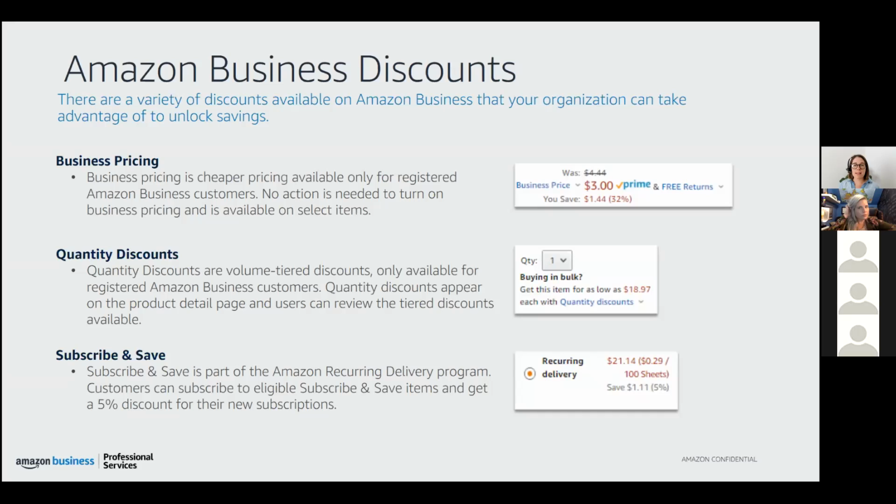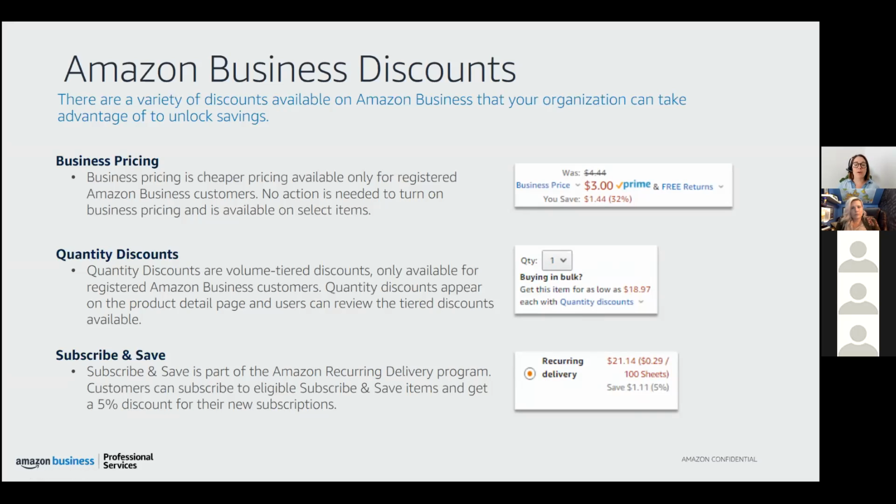You also have access to a variety of discounts that you can take advantage of. The first is business pricing, and business pricing is available to you, no action needed. You're able to see what the business price is for specific items, and you'll also be able to see the was price of what it would be on Amazon.com. You also have access to quantity discounts, and these are volume tiered discounts. So you can find those by either changing the quantity or seeing what the quantity discount cost is.